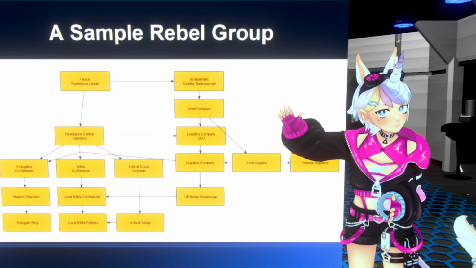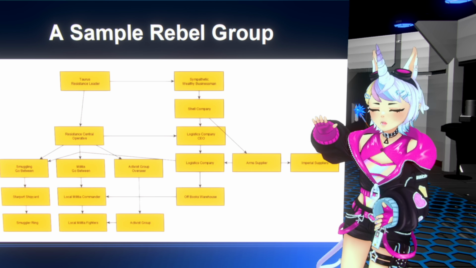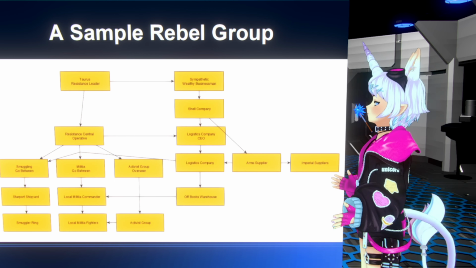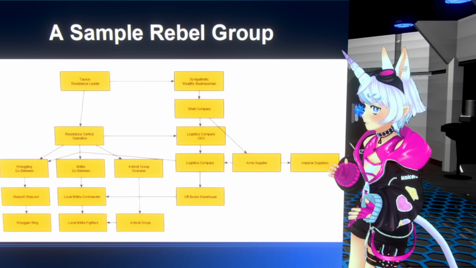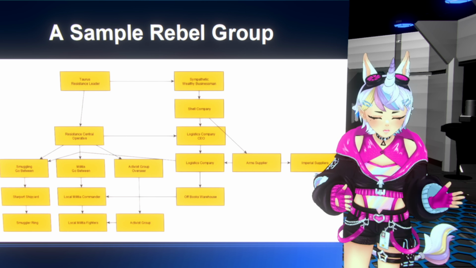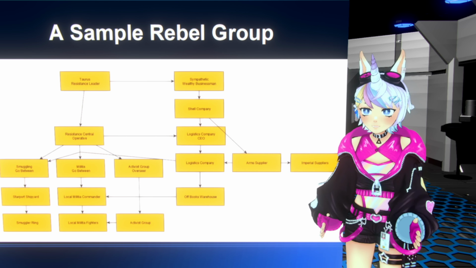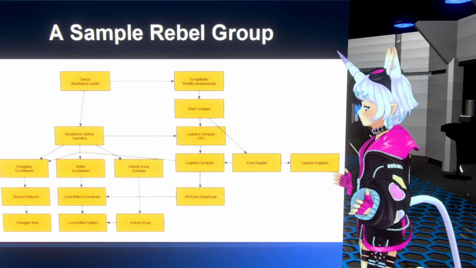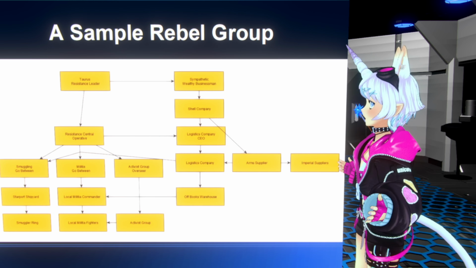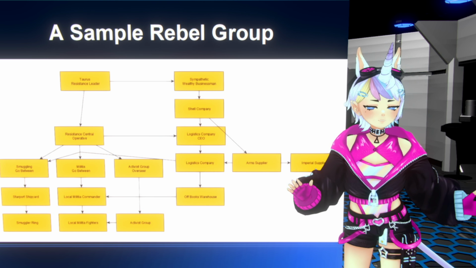Because if the people at the top go away, then you're going to have a really hard time building up this network again. Because again, people who decide they're going to take on the Empire are few and far between, especially people who have the capability of forming a very competent conspiratorial rebel group.